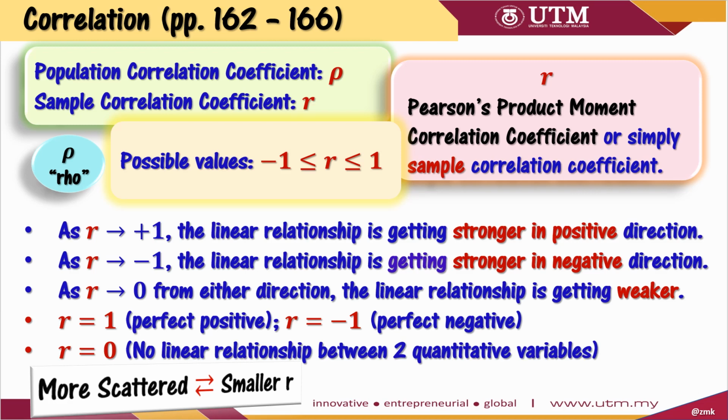In contrast, the narrower or less scattered the points are on a scatter plot, the larger the R value is, or the closer the R value is to +1 or -1. If all points are exactly on a straight line, then you have R equal to 1 or -1, indicating a perfect positive or negative correlation.